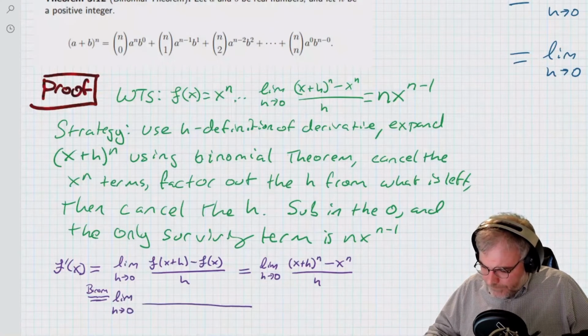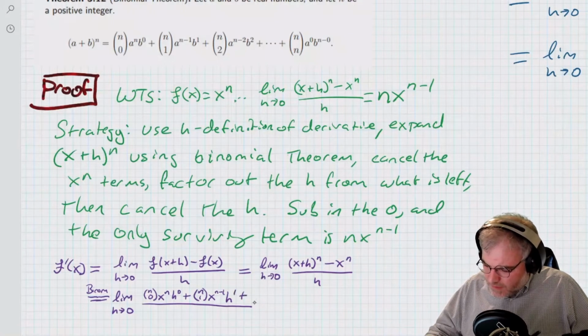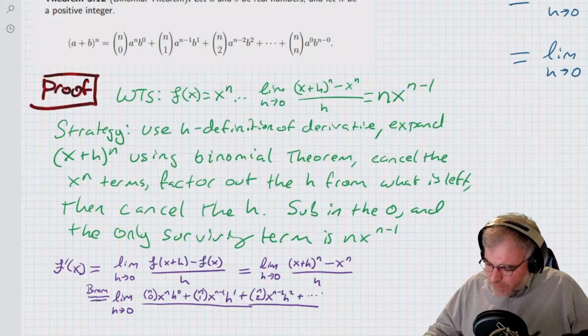Now, n choose 0, x to the n, h to the 0, plus n choose 1, x to the n minus 1, h to the 1, plus n choose 2, x to the n minus 2, h to the 2, plus dot, dot, dot, all the stuff in the middle.